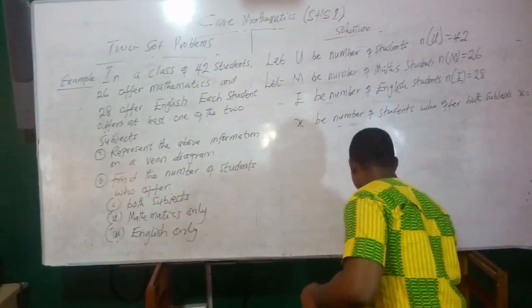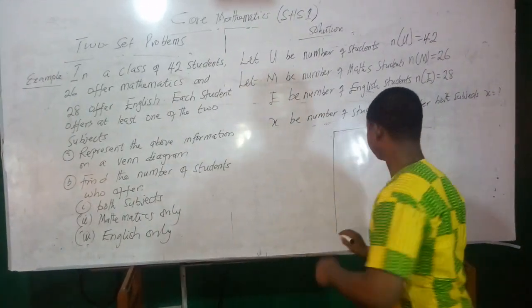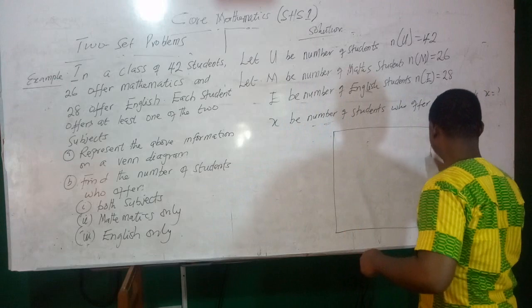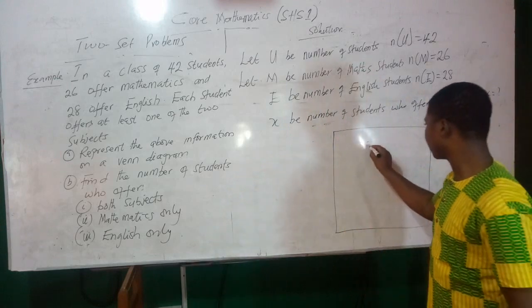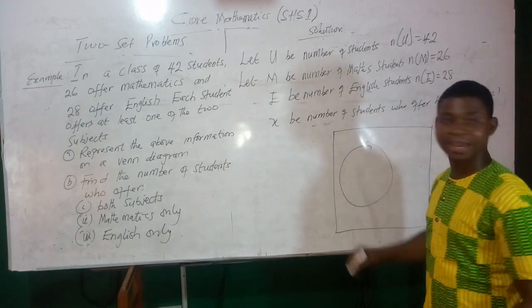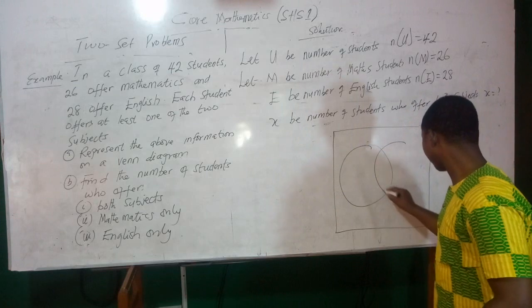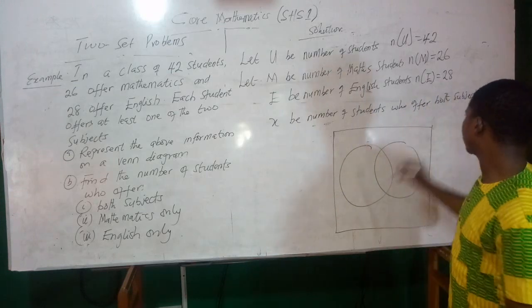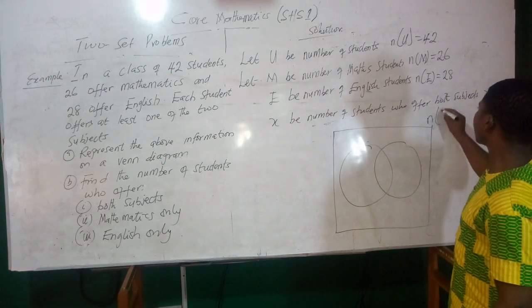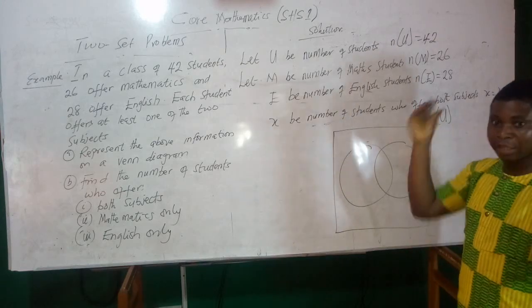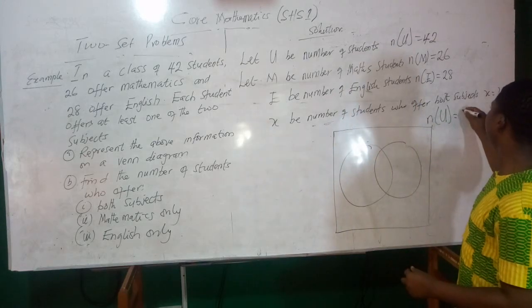So that is our diagram. We have the first set, then the second set. We have n of U, the universal set, which is the number of students, giving us 42.